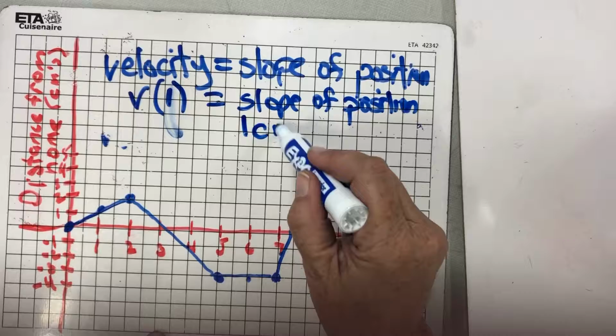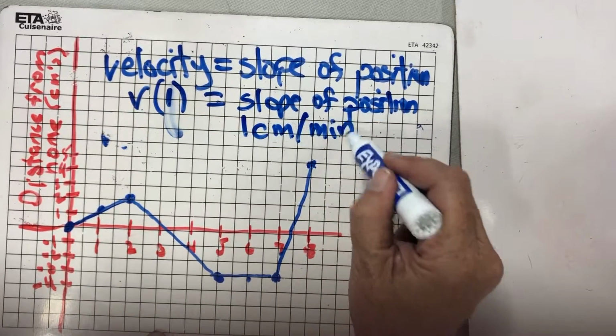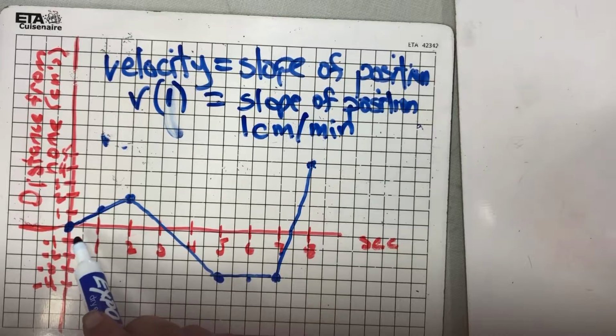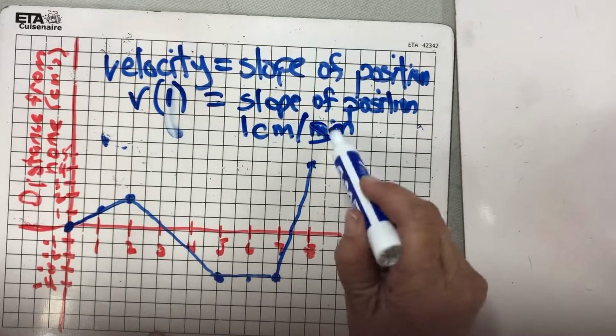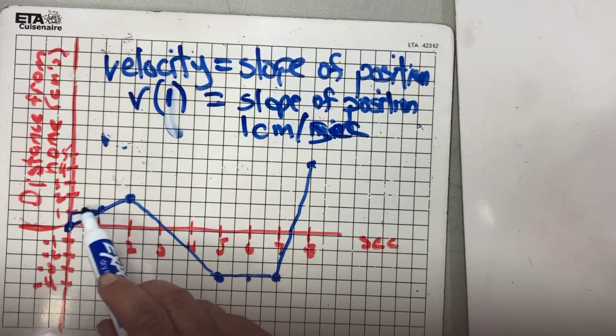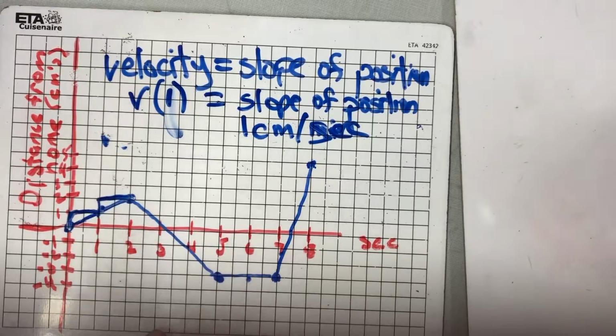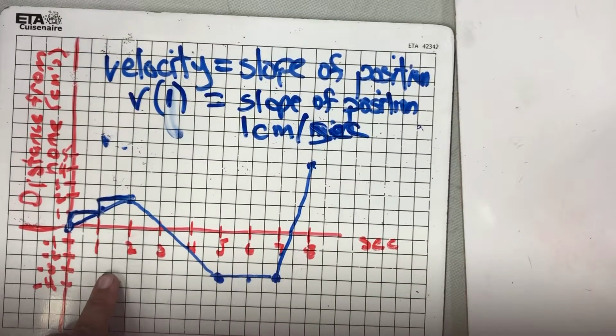And that's 1 centimeter per every second, sorry. So we can see here, in the first second, it moves 1 centimeter. In the second second, it moves 1 centimeter. And it's moving in a positive direction.